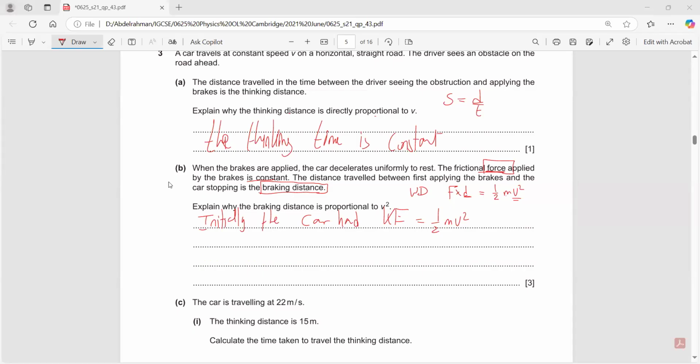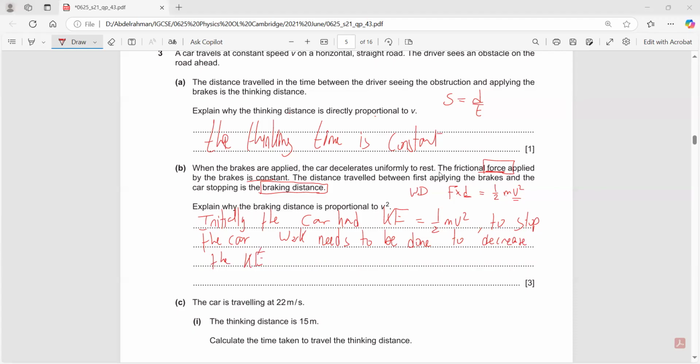To stop the car, work needs to be done to decrease the kinetic energy. So we need to do work on the car to stop it.